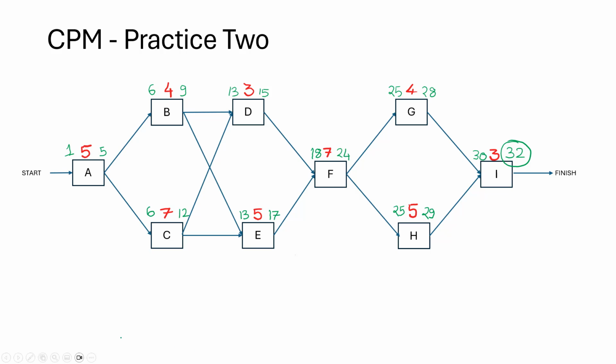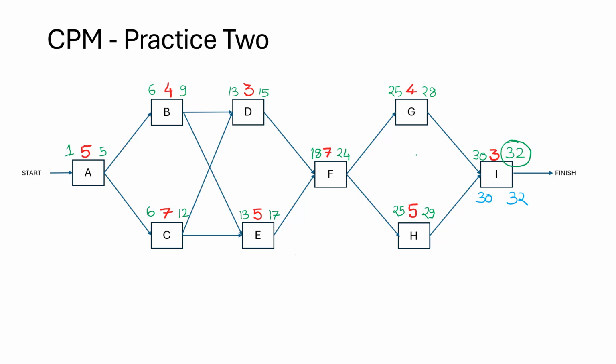We have to now start the reverse pass. So I'm just going to change the color of the pen. And the backward pass starts from the total duration. So I start with 32. And 32 minus the duration is 29, plus 1 is 30.